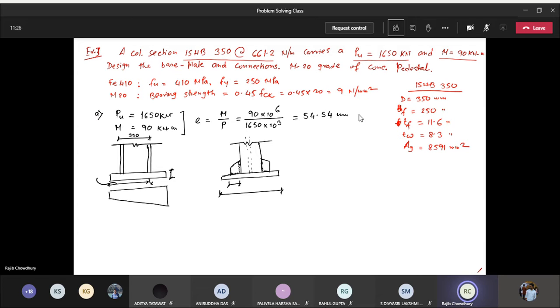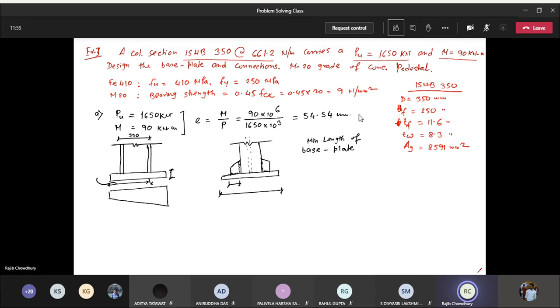So with this, the minimum length of the base plate, first let us see how much the length of the base plate will be. So minimum length of base plate, let us first evaluate. There are many things involved, so I'm just going one by one over here.